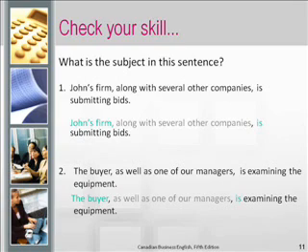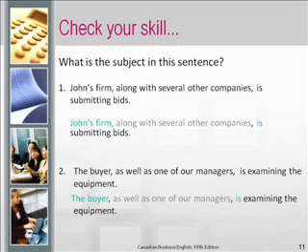Have a look at the second sentence as well. The buyer, as well as one of our managers, is examining the equipment. Is examining is the verb of this sentence, and the subject of the sentence is the buyer.